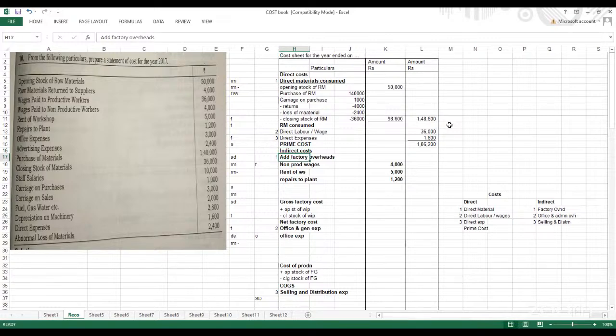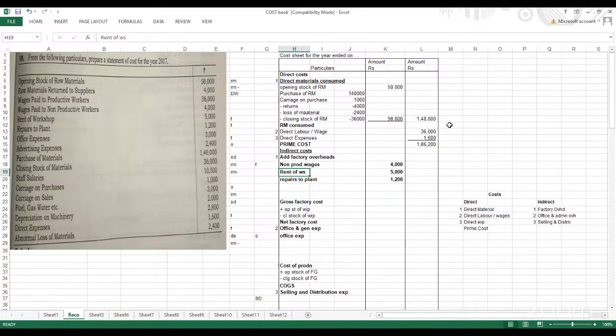Under that first will be factory overheads. So wherever I have marked F, those items will come here. Factory overheads marked F: rent of workshop, I'll use the scale to read the value, is 5,000, I guess.